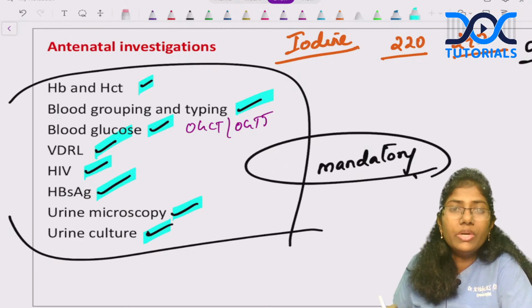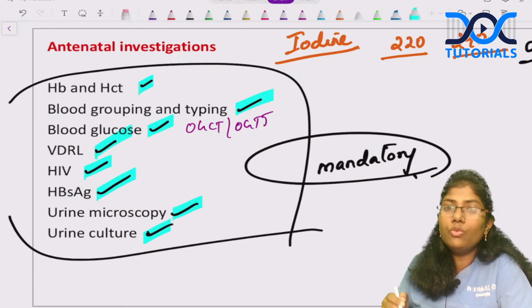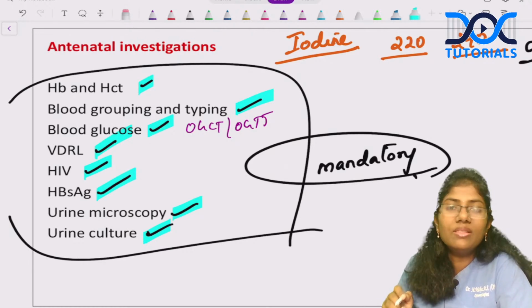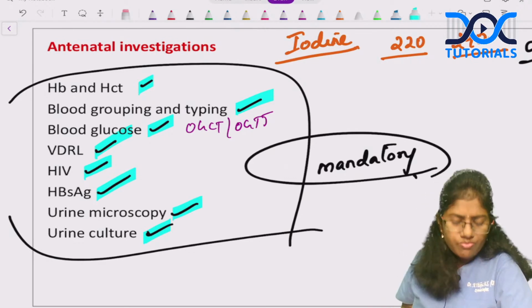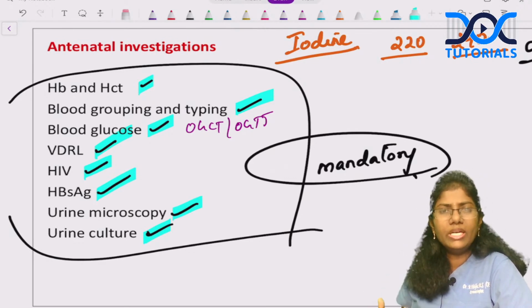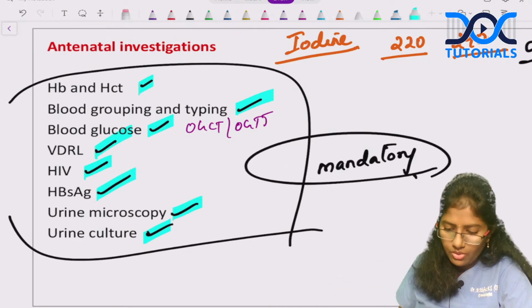Now if I remove VDRL and put urine culture, you would pick urine culture, right? Because you all think urine culture is not a mandatory investigation during pregnancy. But urine culture is important during pregnancy. We do not routinely do it, but still the guideline recommends it. Why?